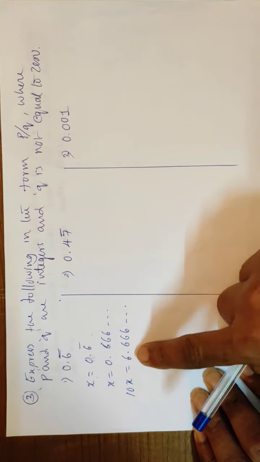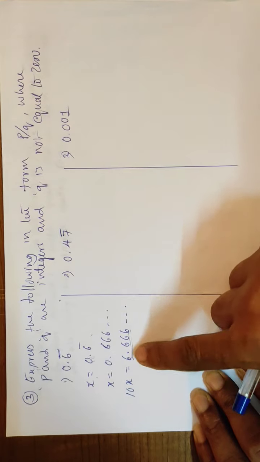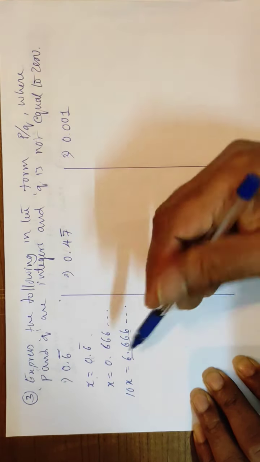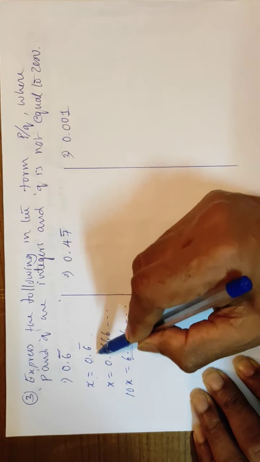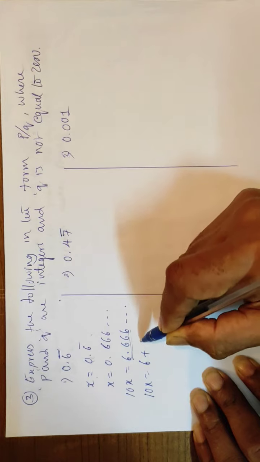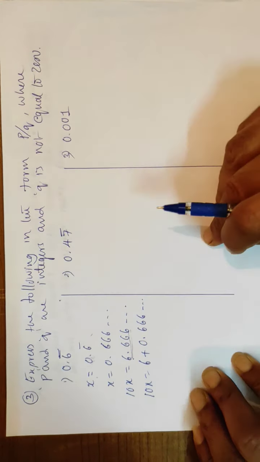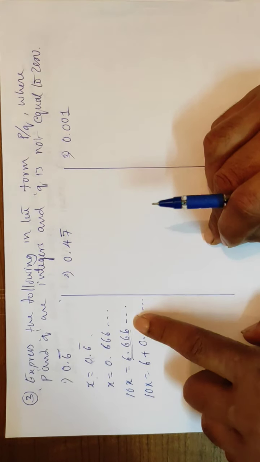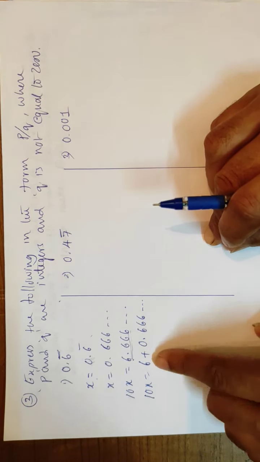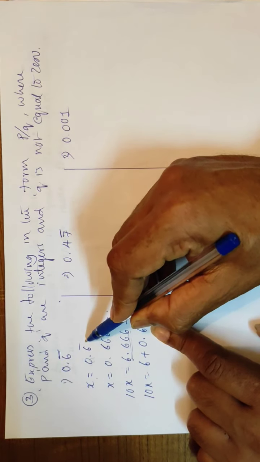Now, at this stage, what you have to do is, you have to express this number as the sum of two numbers. And out of those two numbers, one number should be the given number. 10x equals 6 plus 0.666... See, I have written this number as the sum of two numbers, and out of these two, one is the given number.